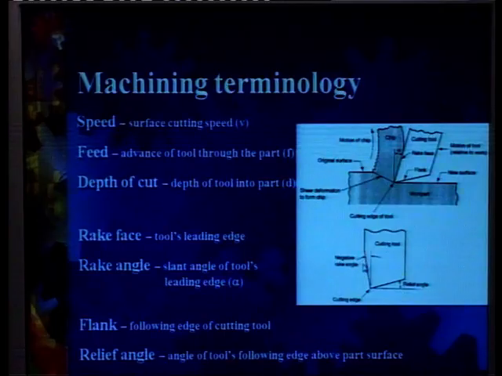In both the cases, this particular angle is known as the rake angle. This face which faces the finished job, this particular portion of the tool, is known as the flank, and the angle given to this portion is known as the relief angle.